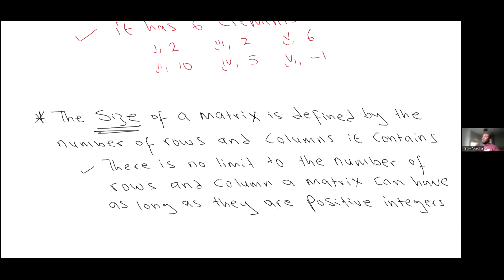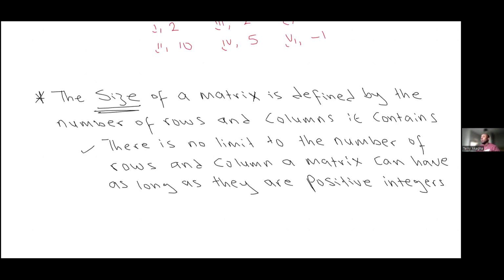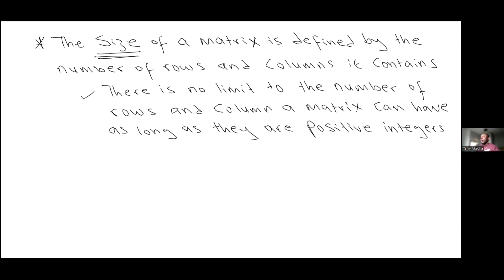So what I'm saying is that you can have, for example, a 2 by 50 matrix. You can have a 100 by 300 matrix. It does not really matter. You can have a 1 by 2 matrix, a 2 by 1 matrix, a 70 by 85 matrix.